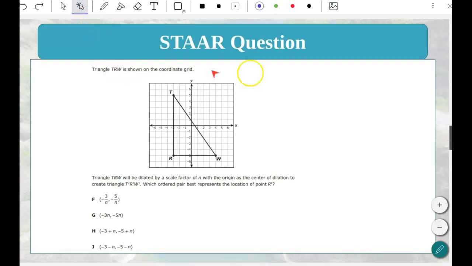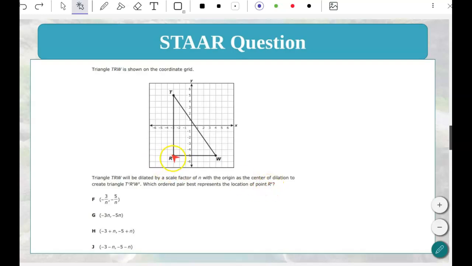All right, so this was a STAR question. Triangle TRW is shown on the coordinate grid. It says the triangle will be dilated by a scale factor of n with the origin as the center of dilation to create T'R'W'. Which ordered pair best represents the location of point R'?